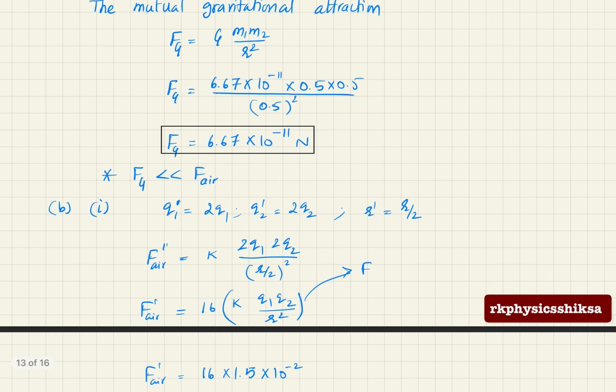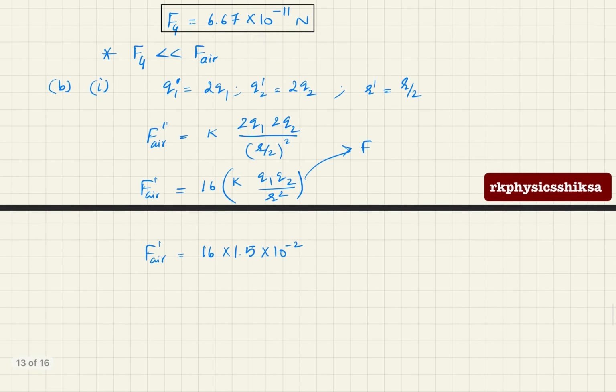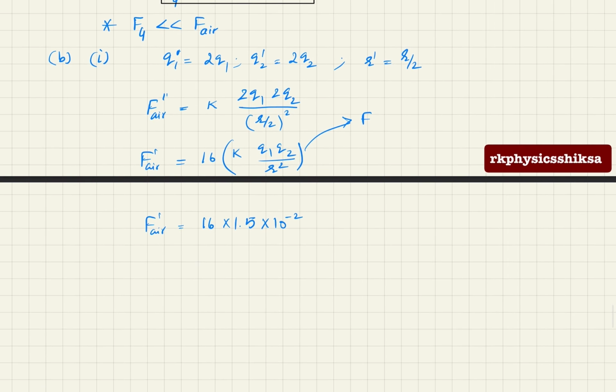This value we already calculated, the force of repulsion between the two charged particles Q1 and Q2. On simplifying, you'll get F air dash is equal to 16 into 1.5 into 10 to the power of minus 2, which will give you 0.24 newtons. This is when the charges Q1 and Q2 are doubled and the distance is halved.